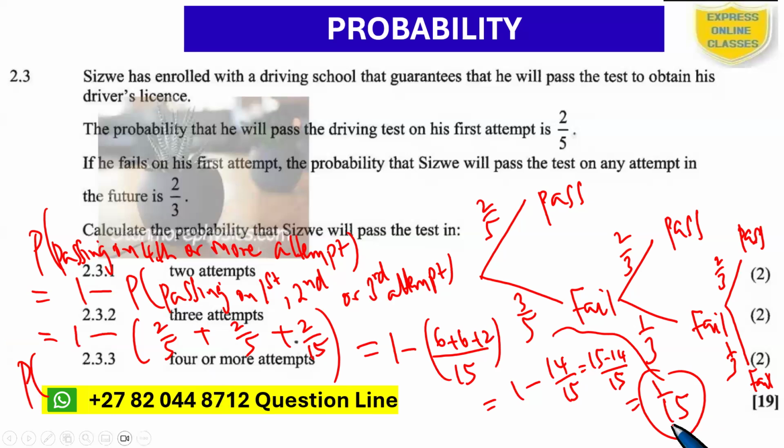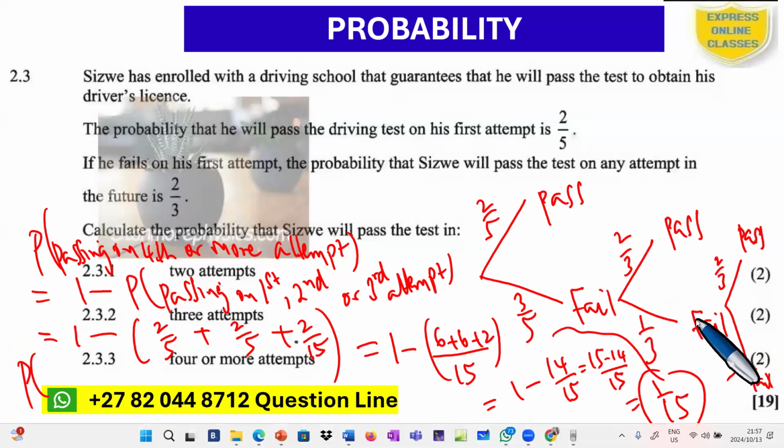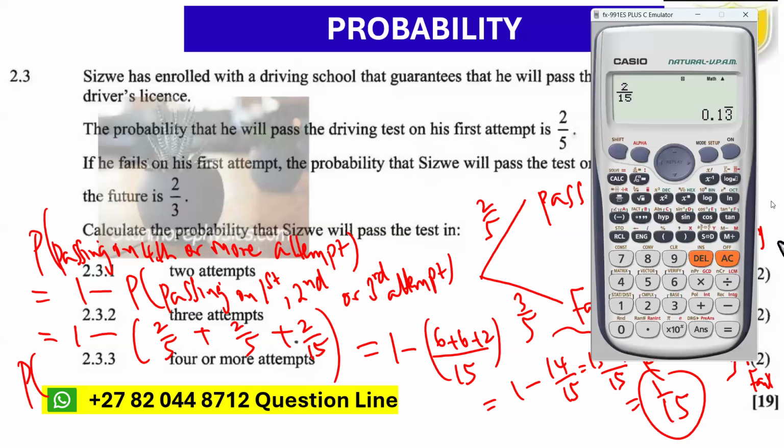Now let us use a calculator to check everything here. So the calculator is going to give us 1 divided by 15.